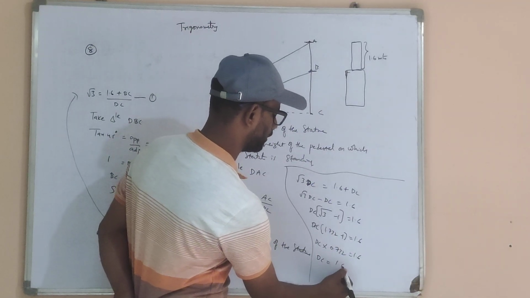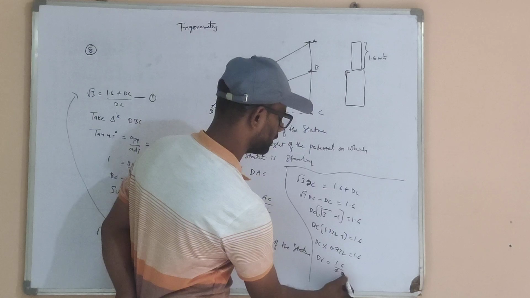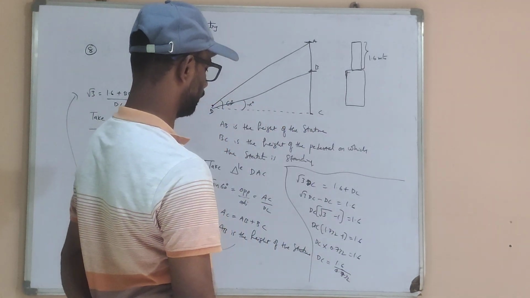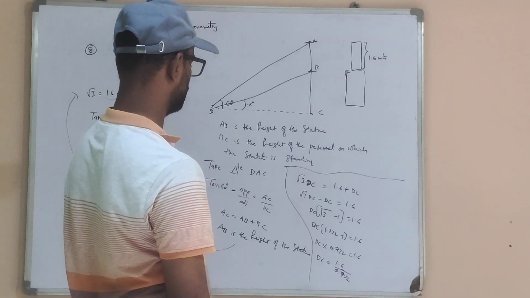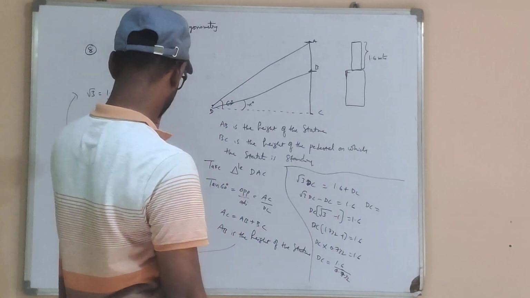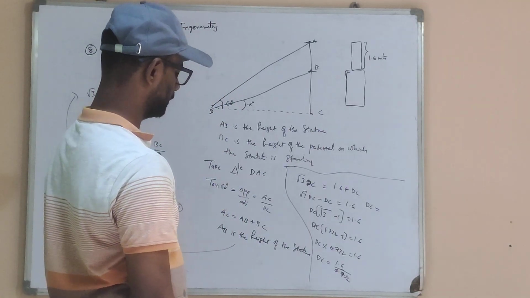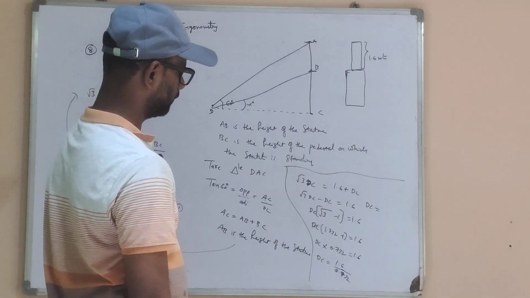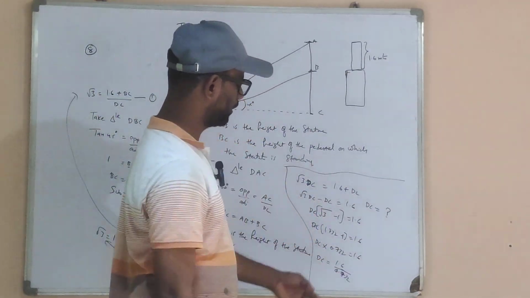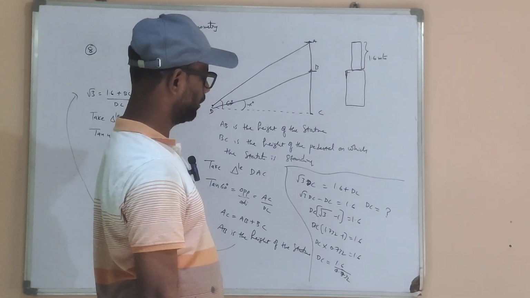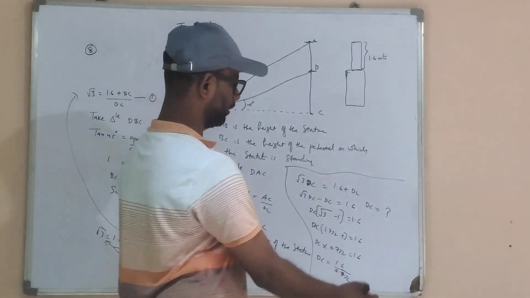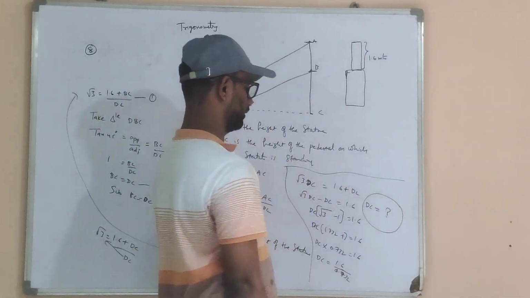DC is equal to 1.6 by 0.732. So what will we get here? On solving for DC, we have to solve 1.6 divided by 0.732. Okay, so solve it, and finally you will get the answer DC.